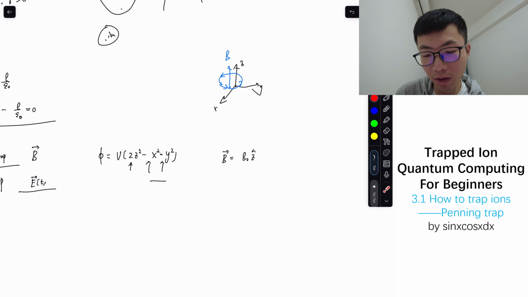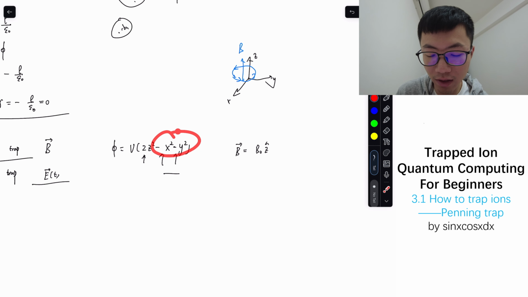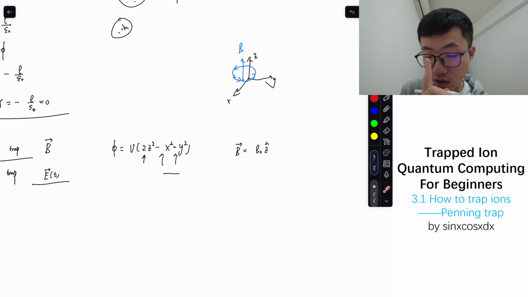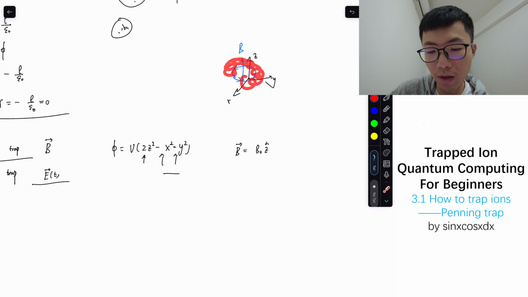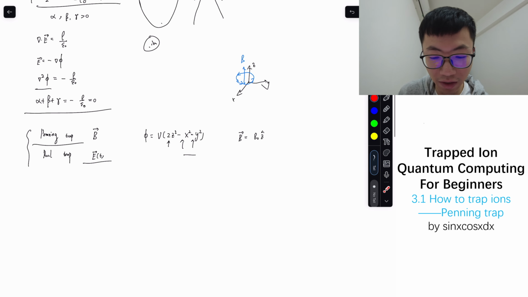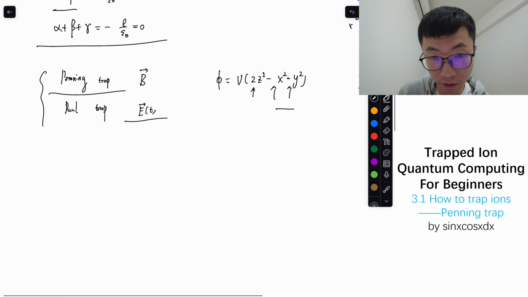So we have to analyze the movement under both the magnetic field and this repelling static field, and later we will see that the ion will still rotate around the z axis, but with some small cycling circles.